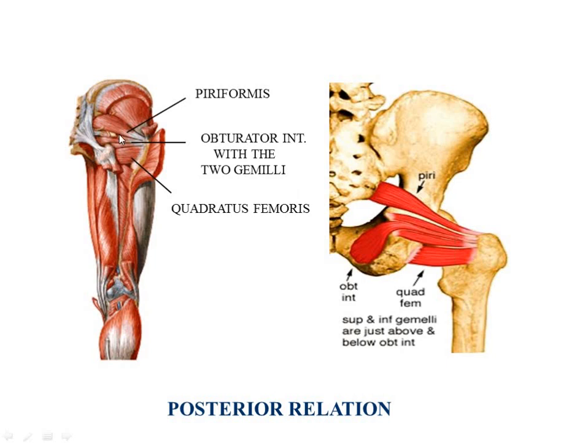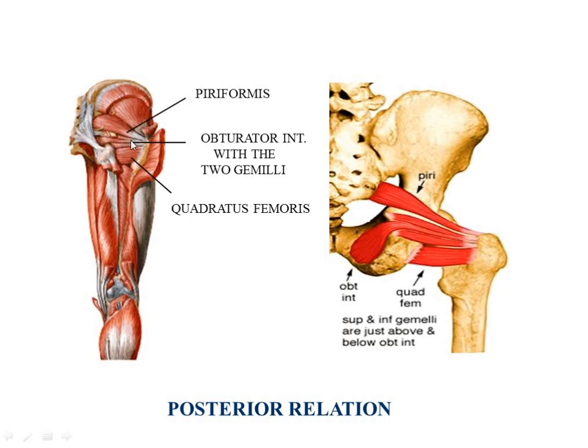The posterior relations of the hip joint are the structures present deep to gluteus maximus in the lower portion. In the upper portion, the gluteus medius and minimus will not come in this posterior relation. So the lower part of these muscles, namely the piriformis, the obturator internus with the two gemelli, and the quadratus femoris.